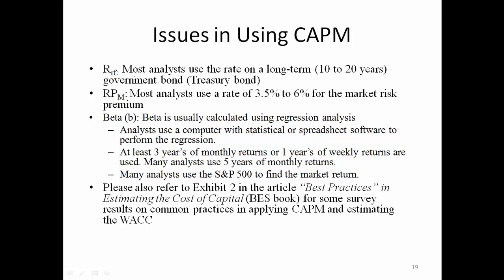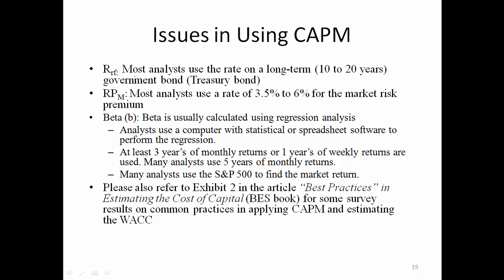The beta is usually calculated using regression analysis. Analysts can use a computer with statistical software or a spreadsheet to perform the regression. At least 3 years of monthly returns or 1 year of weekly returns are used, and many analysts use 5 years of monthly returns for the regression analysis.